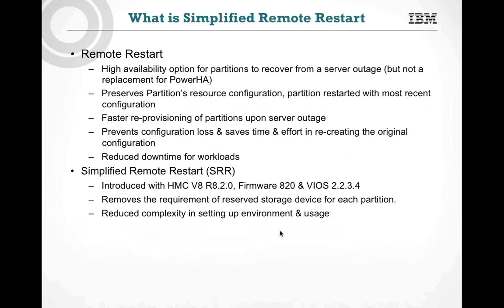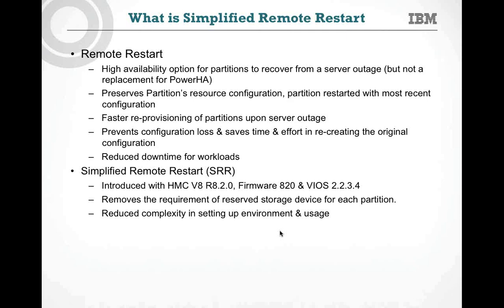So this is the official definition of Simplified Remote Restart, and the very first thing it says is high availability option for partitions. Well, it's not PowerHA, and I actually say that in here. It's not a replacement for PowerHA, and using the term high availability is probably not the right phrase to use, but that is the phrase they use in the marketing literature.